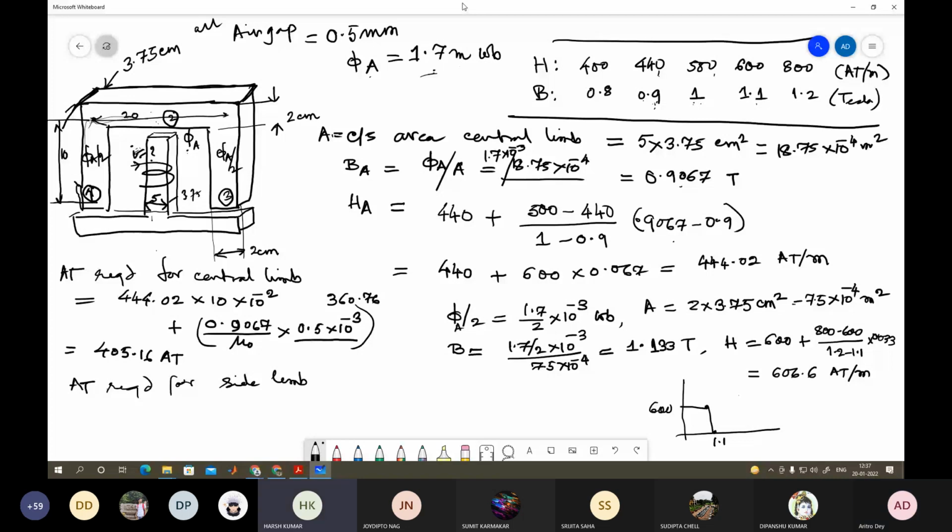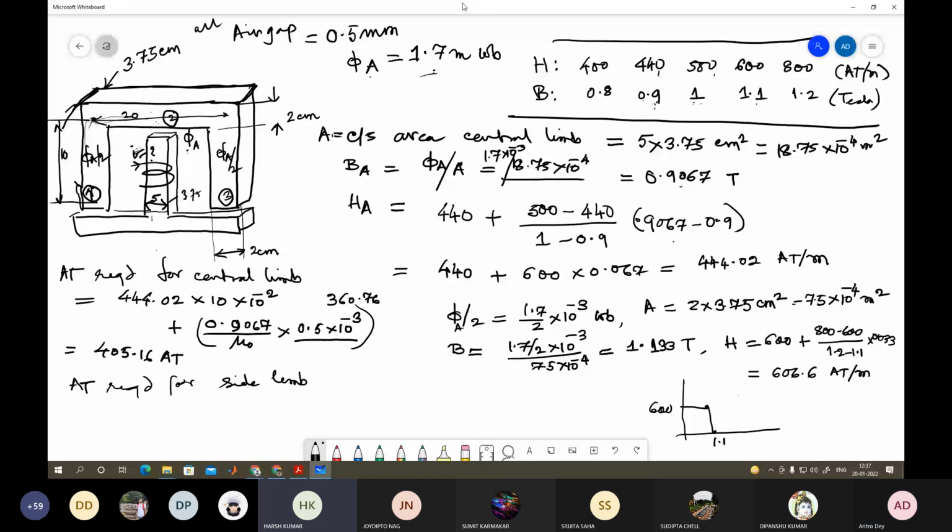And sir, in the ampere turn required for the central limb, why are you adding the mu naught term? Like we have got from H, so why are you adding the extra 0.9067 by mu naught plus into 0. Here, which part? This part. Sir, on the left hand side, the ampere turn required for the central limb, why are you adding this thing 0.9?